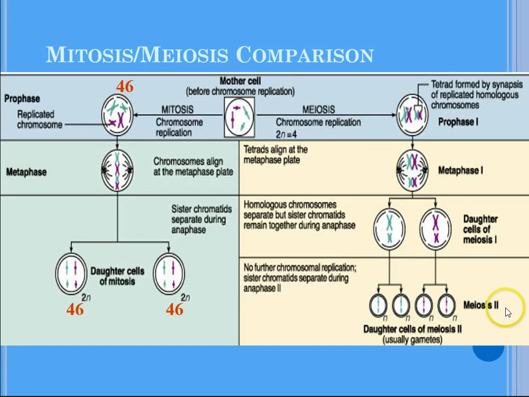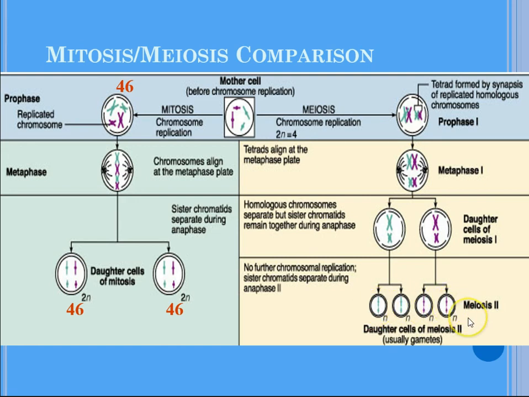You need haploid cells that have 23. The first part of meiosis is very similar to mitosis, but then you're going to have another event, but the DNA only replicates once. So basically it splits twice, replicates once, and so you get 4 little cells in the end.